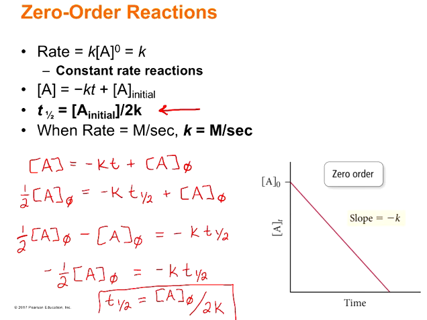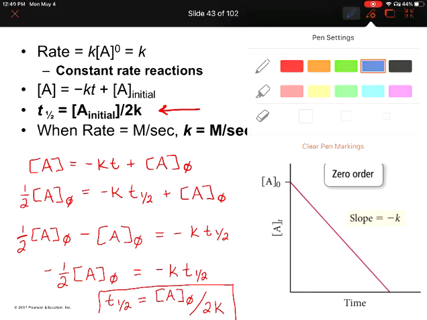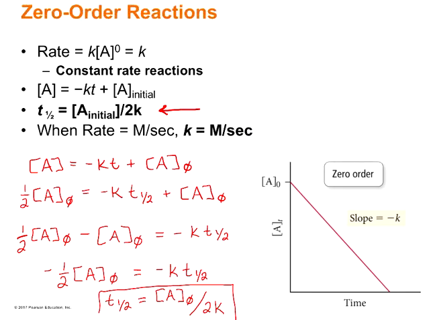All right, now also on the right-hand side is a graph for a zero-order reaction. And one thing to notice is if we write out our integrated rate law for a zero-order reaction, you'll notice that it's in the form of y equals mx plus b.